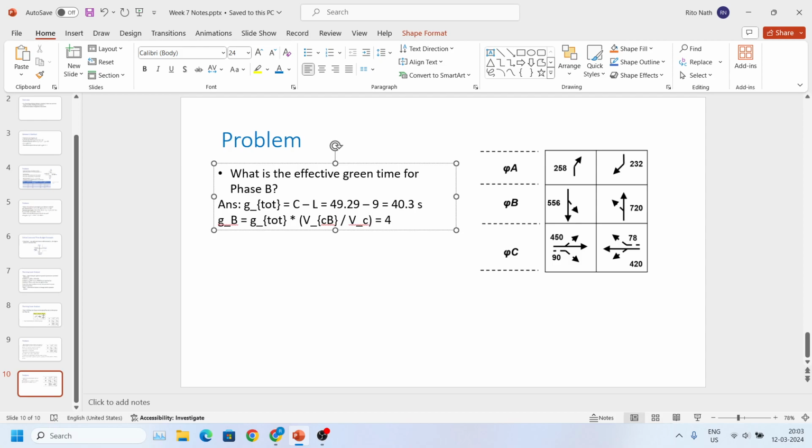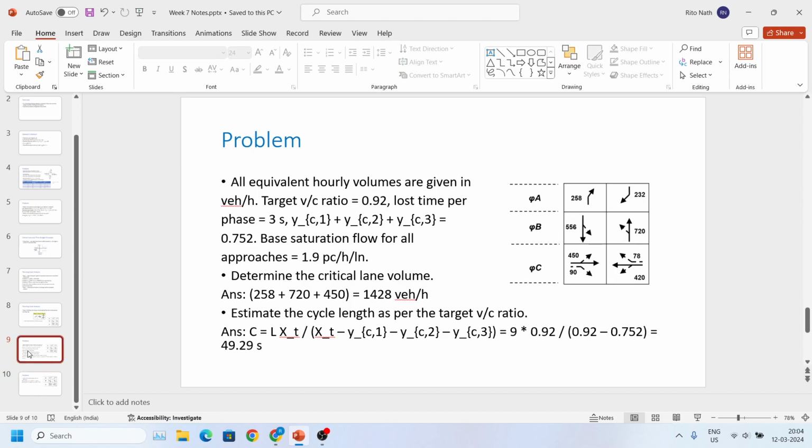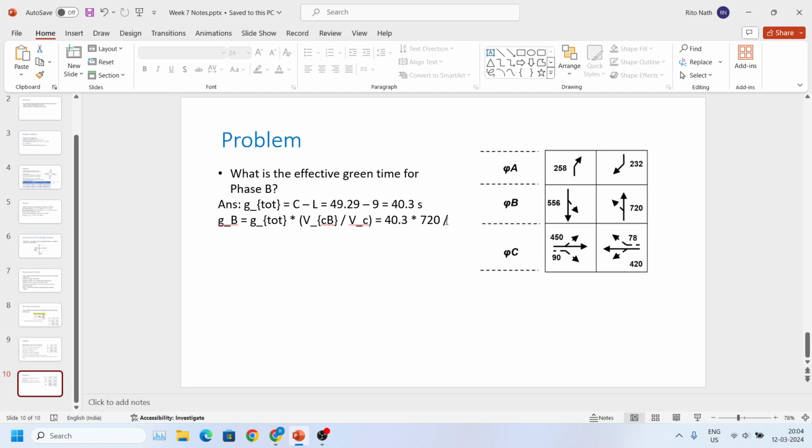So G total gives you 40.3. For phase B, it's the maximum between 556 and 720 as the volume. So we'll put 720. And VC is the critical lane volume. You have calculated 1428. So this gives you the answer. I think it will be around 20. Is it? Let's see.